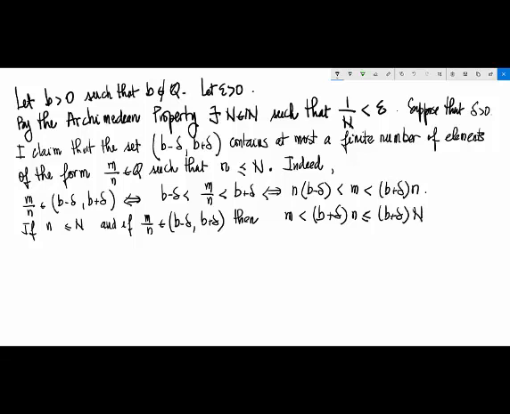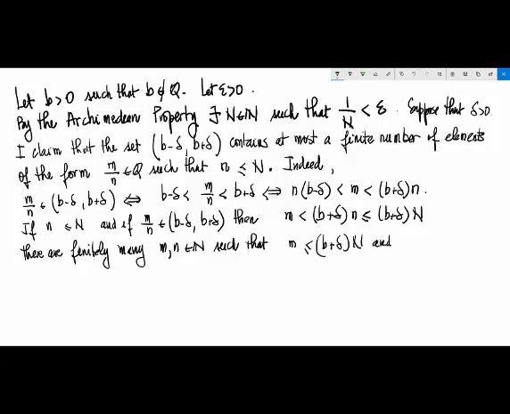So there are also finitely many little m which satisfy this inequality. So the point being here is that there are finitely many m and n which are natural numbers such that m is less or equal to b plus delta n, and also little n is less or equal to big N.